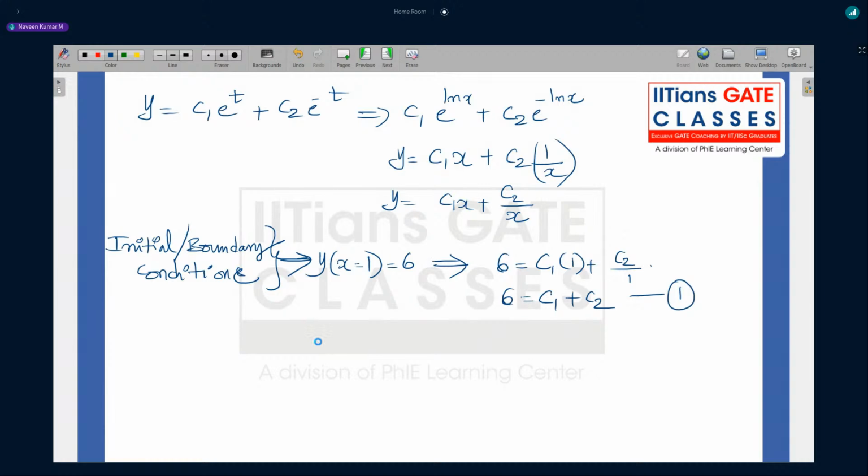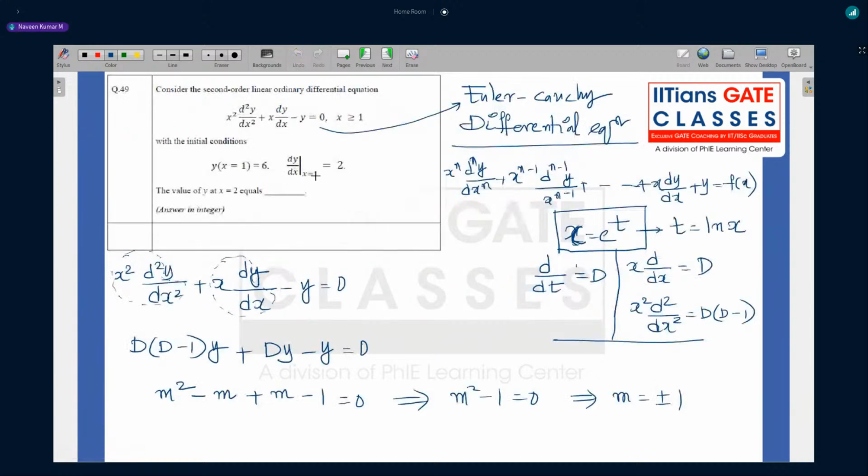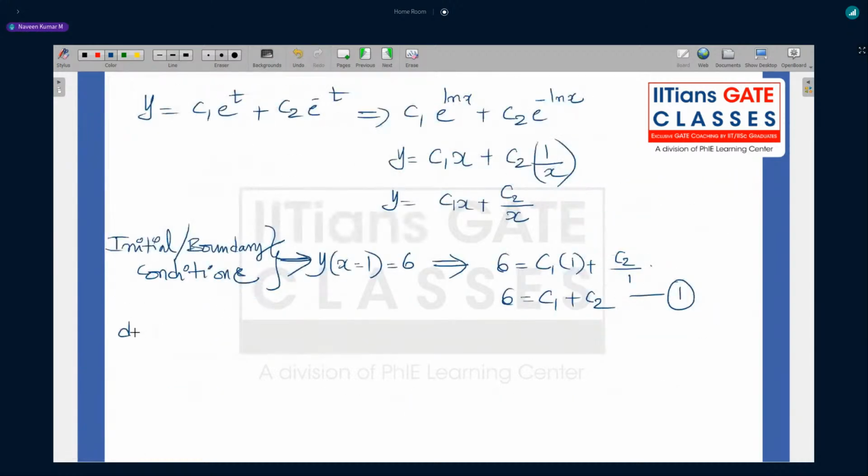Another boundary condition is dy by dx at x is equal to 1 is equal to 2. So let's calculate dy by dx. That is d by dx of c1x plus c2 by x, which is c1 times 1 minus c2 by x square.